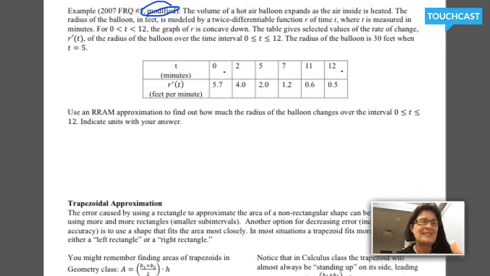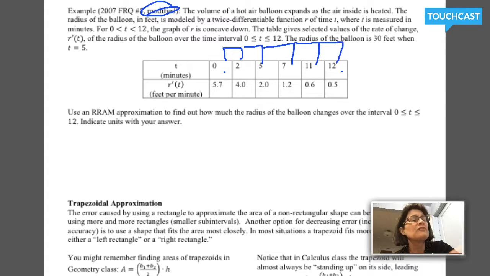Usually the wording on the test is they'll say, use the 5 intervals suggested by the table to give an RRAM approximation. So we can see that the 1, 2, 3, 4, 5, 6 input values in the table give us 5 intervals to use as the widths of our rectangles.